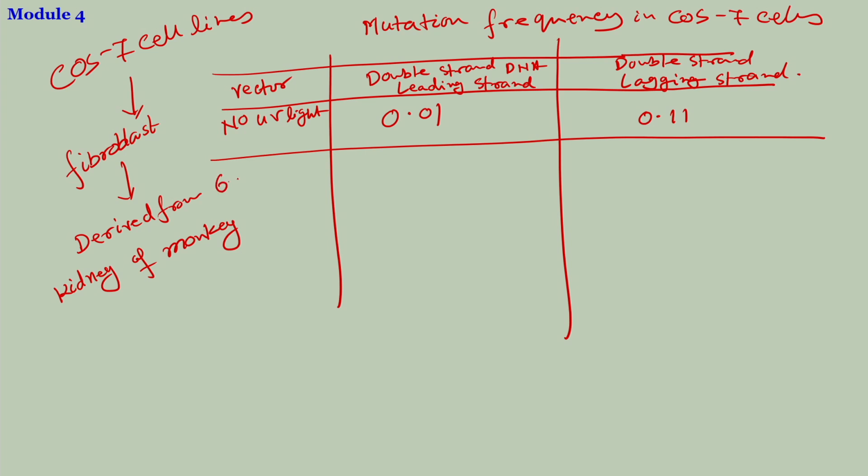Now, if you induce a 6,4-thymine lesion in the DNA of the cells, then for the leading strand your mutation frequency becomes 2.3, quite high, from almost nil to a good amount of mutations occurring because of the 6,4-TT lesion.